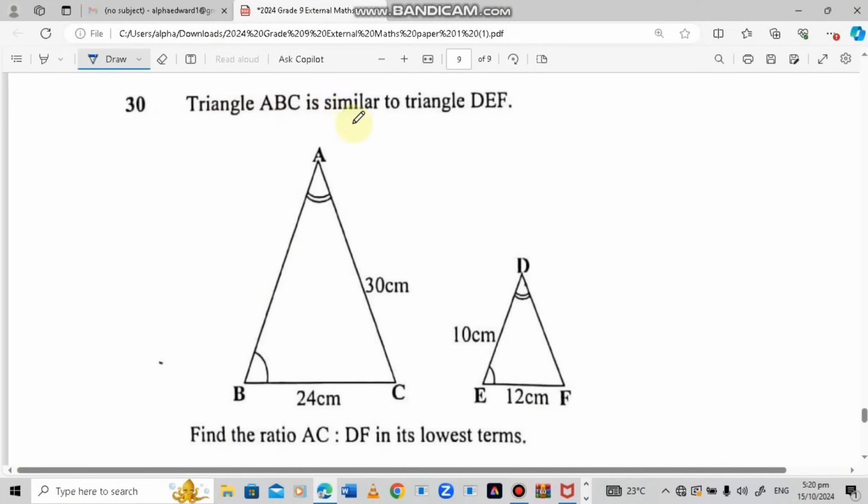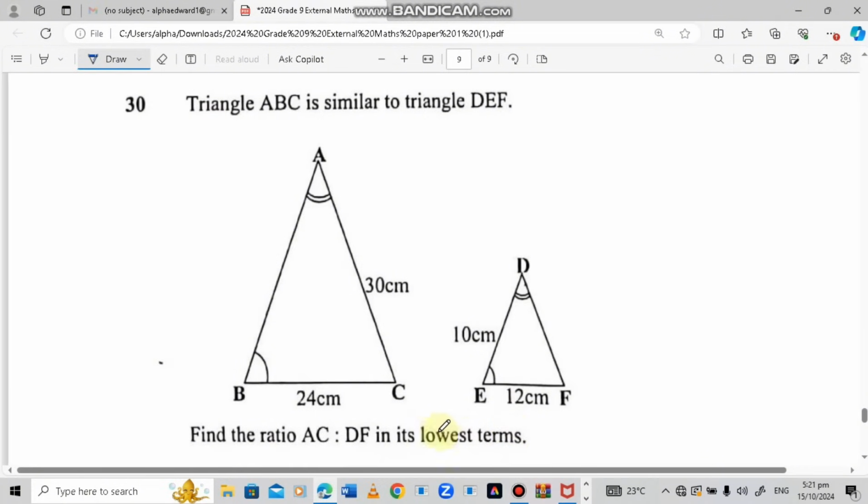Triangle ABC is similar to triangle DEF. Find the ratio of AC to DF in its lowest terms.